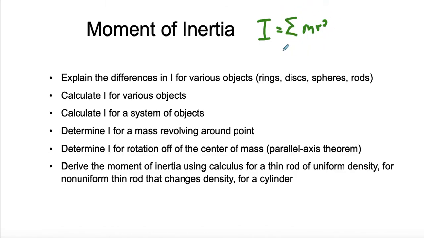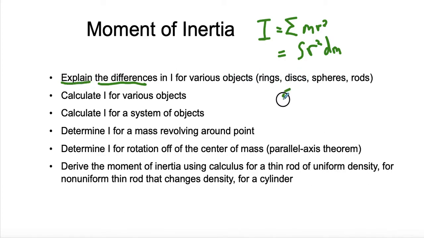There is the integral formula as well, which is the integral of r squared dm. And we did a couple examples of that. If there is something you could give up and not really focus on, that may be it. So you need to explain the differences between the rotational inertia for different things.